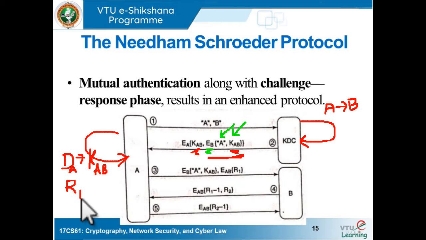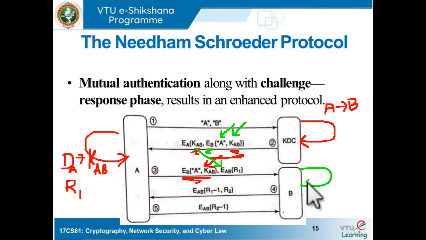Okay, now the next question that arises is, after the users A and B receive this particular message sent by the KDC, what do they do? Now let's check what it does. A will decrypt this message which it has received using the long-term key which it is sharing with the KDC. Upon decryption, A will obtain the session key KAB.